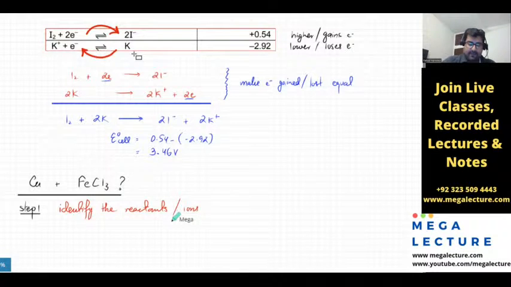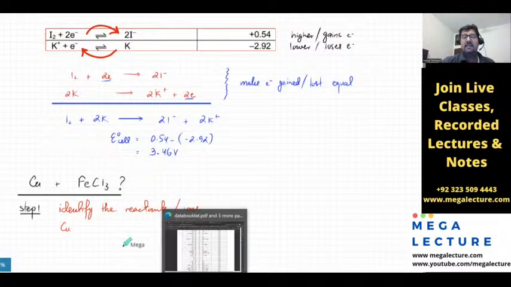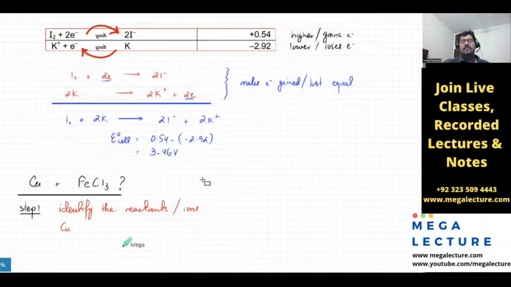In this case, we've got copper, which is a neutral metal. But FeCl3 is not one thing, because you will not find any equation for FeCl3. Just as NaCl is not one thing; it's Na plus 1 and Cl minus 1. Similarly, FeCl3 is Fe3 plus and Cl minus 1. So don't think of FeCl3 as one entity. It's actually two things.